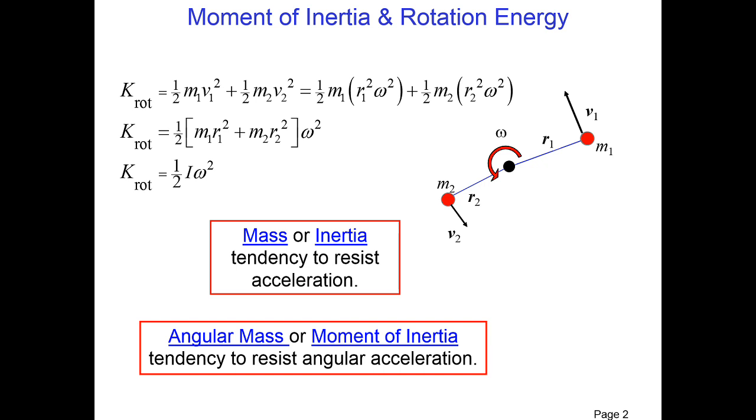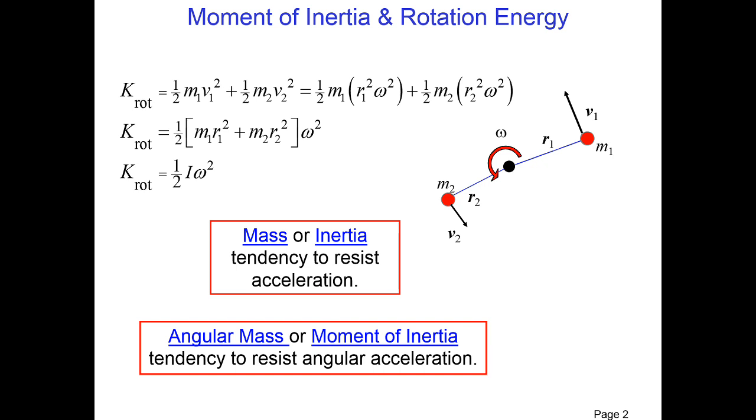That means that there is only rotational kinetic energy, there's only rotational motion, there is no translational motion. If that is true, then the velocity is equal to the angular velocity times the radius. Then we can rewrite our kinetic energy equation as 1/2 of the mass of 1 times r1 squared times omega squared. And we can add that to 1/2 m2 r2 squared times omega squared.